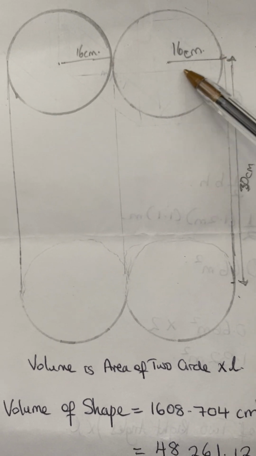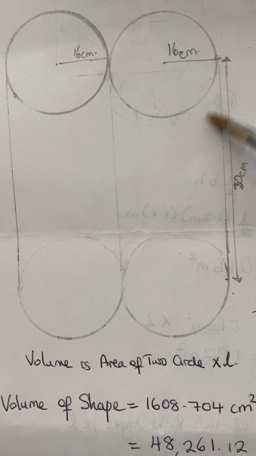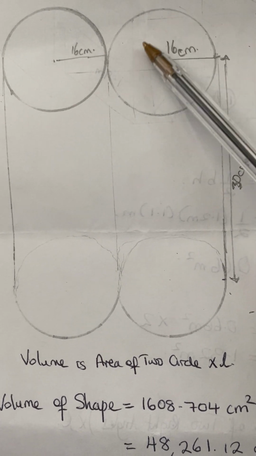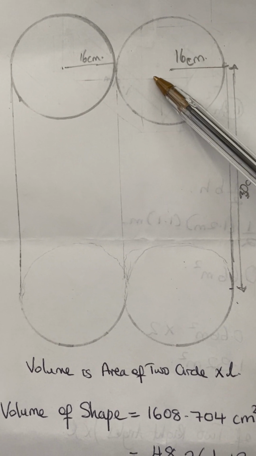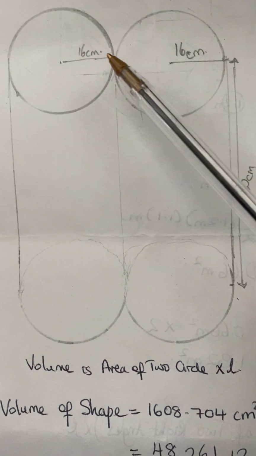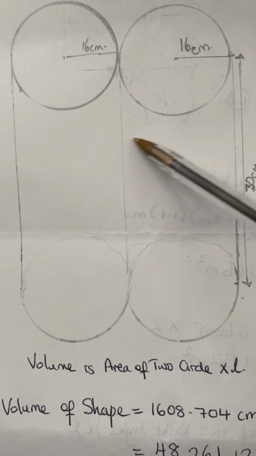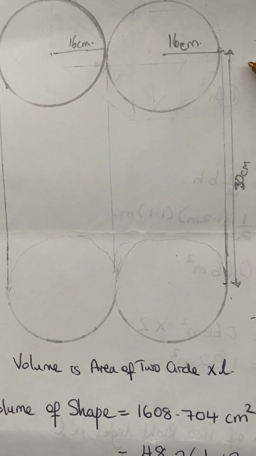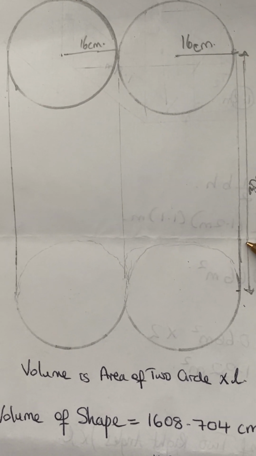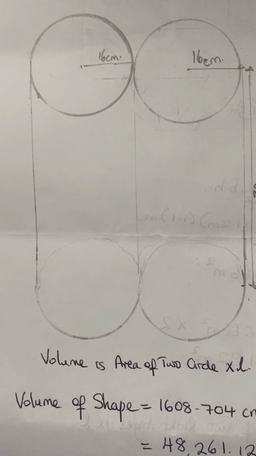As long as you know the radius and the length, you should be able to find the area of one of them, multiply by how many cylinders there are, even if it is 8, and then multiply by the length, and that will be your volume.